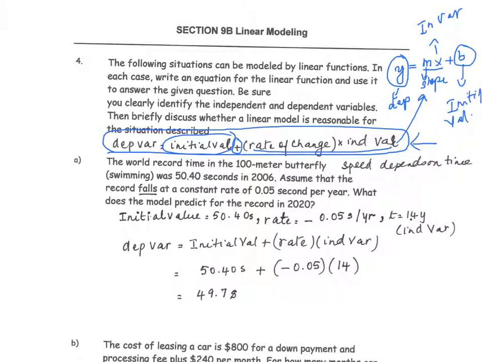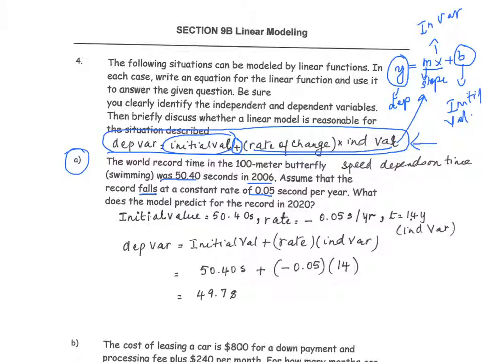So let's look at the first equation. The world record time in a 100-meter butterfly, that is swimming, was 50.40 seconds in 2006. The record falls at a constant rate of 0.05 seconds per year, which means that people are swimming faster and faster every single year by just slightly.